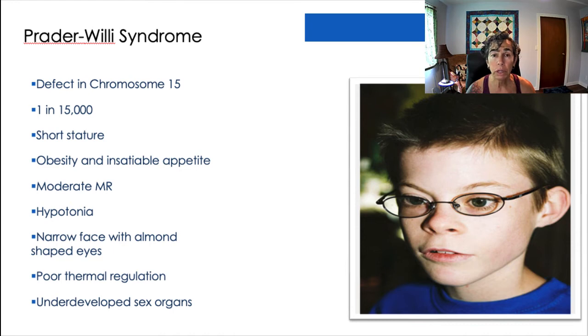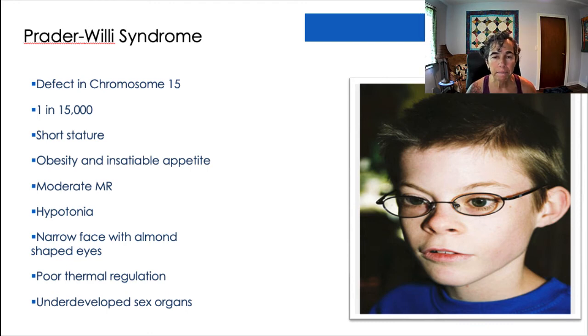Moving on, we're going to look at Prader-Willi syndrome. The defect is in chromosome 15. It's a 1 in 15,000 occurrence. Again, short stature, obesity. With Prader-Willi, there's an insatiable appetite. So that's a little bit of a hallmark.